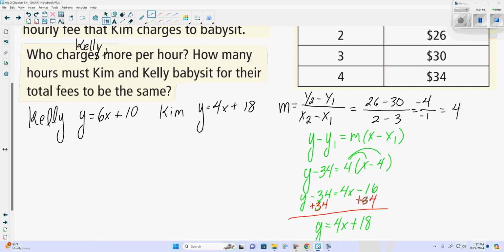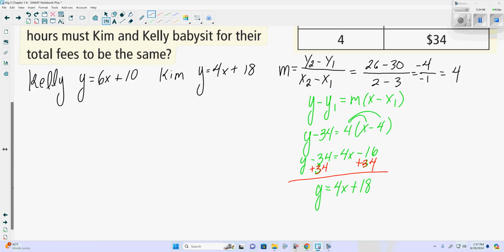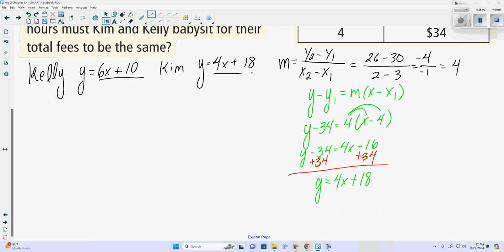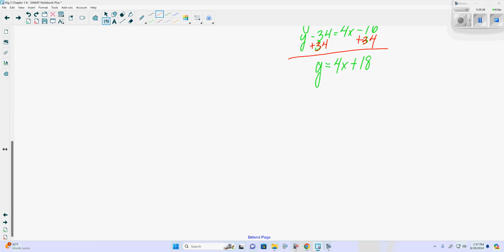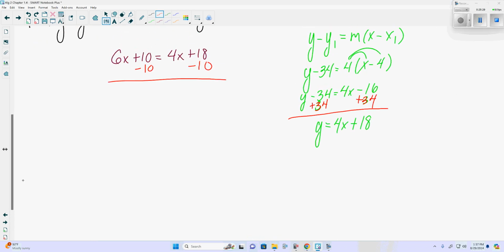And how many hours must Kim and Kelly babysit for their totals to be the same? Well, like we did on the last one, we're going to set these 2 equations equal to each other. What can we do first? We can subtract 10 from both sides. Here the 10 and 10 would cancel, telling us that 6x is equal to 4x plus 8.